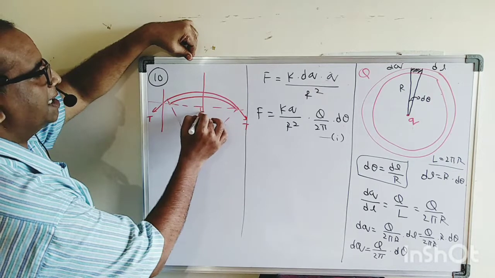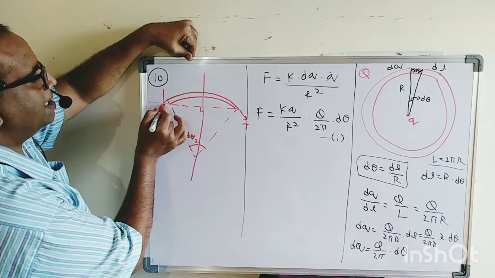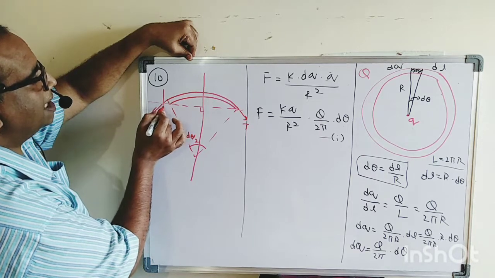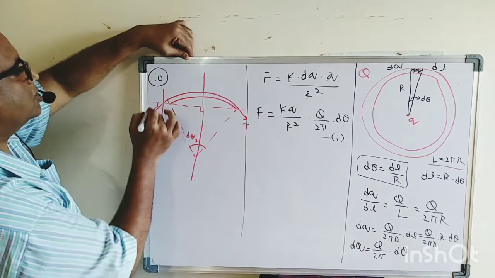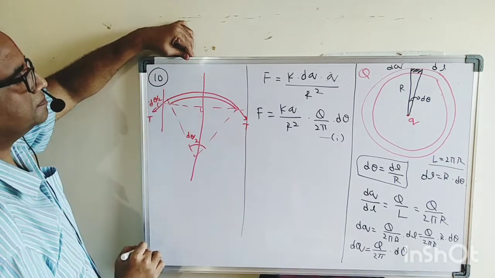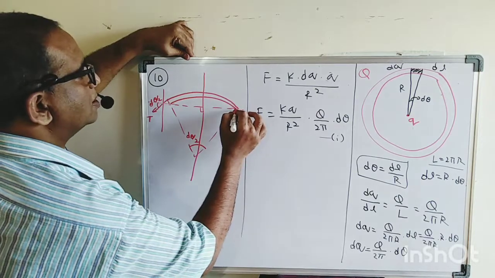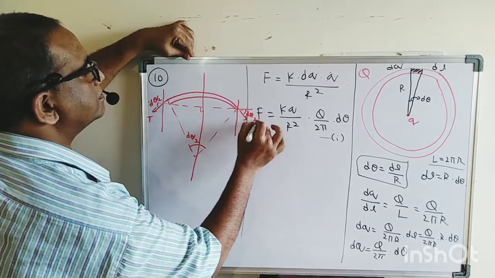This is 90 degrees, then this is 90 minus d theta by 2, and finally you will get this one as d theta by 2. Even this one also is d theta by 2.